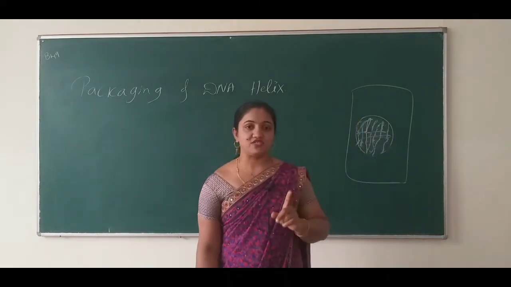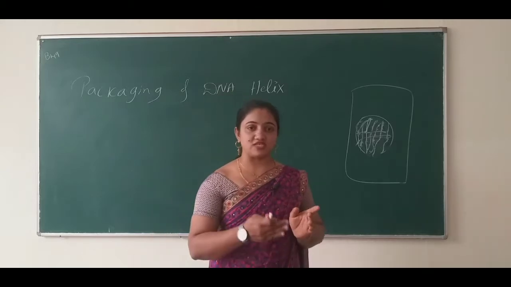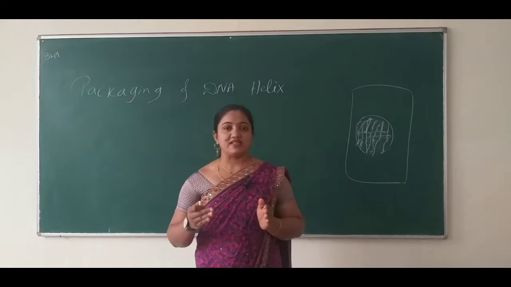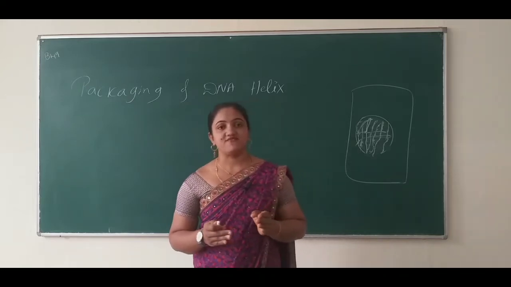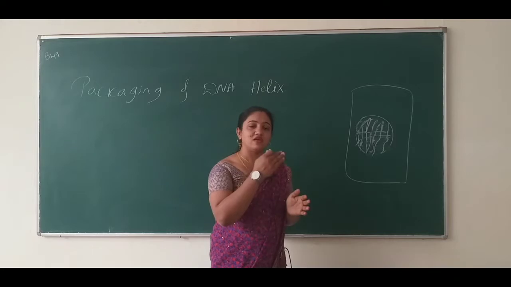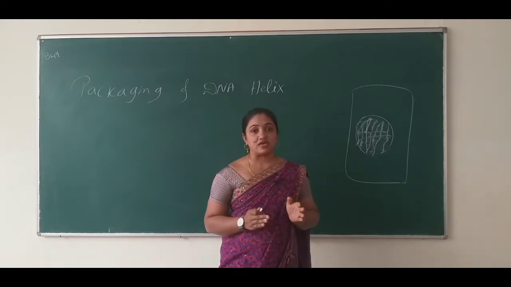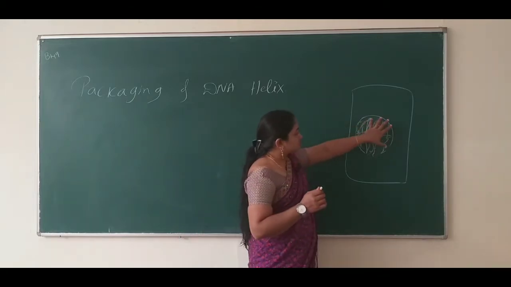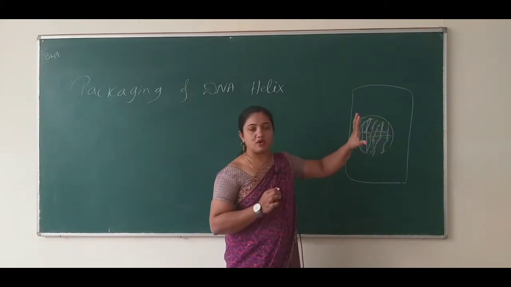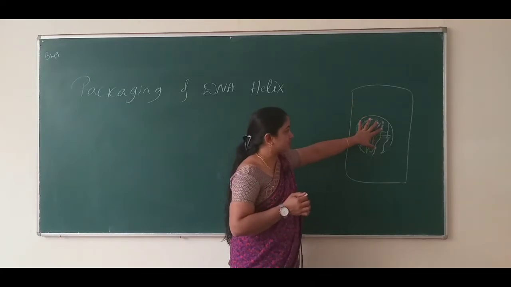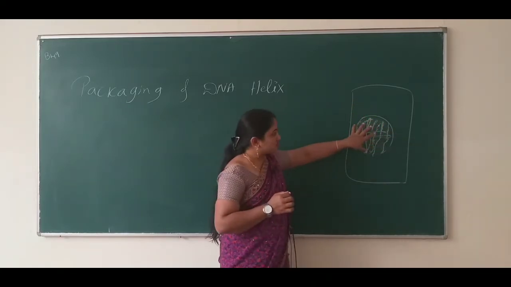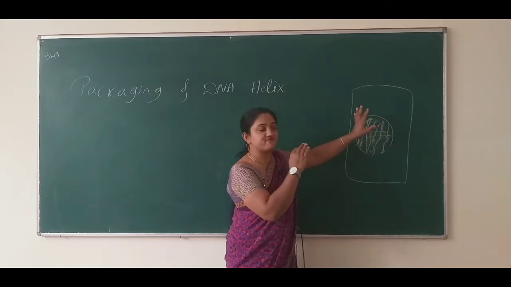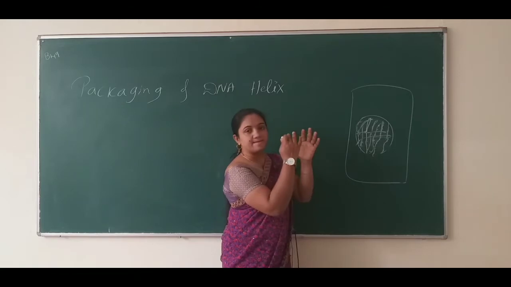If the cell is about to divide, it has to undergo the G1 phase, S phase and G2 phase, and then prophase, metaphase, anaphase, telophase. Later on, it takes cytokinesis, cell division, where the cytoplasm divides. So here I am talking about the structure: the chromatin fibers are very beautifully, compactly packed.